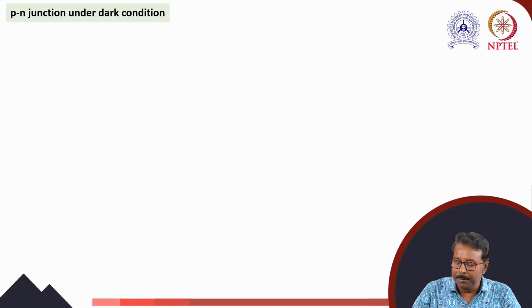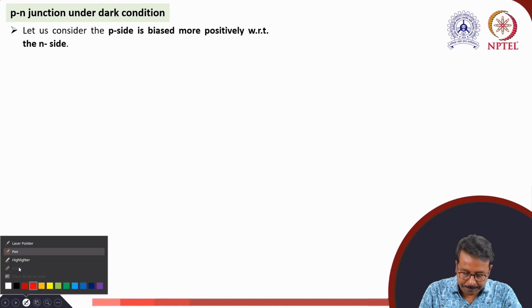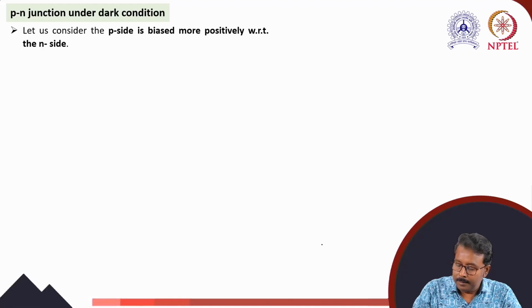If you remember, we have described the working principle of solar cell. Basically this was a PN junction. Suppose this is a PN junction under illumination.